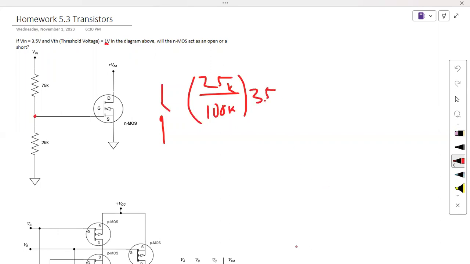And so when you do that, you'll get 0.875, which is not greater than our threshold voltage of 1 volt. And so this NMOS is going to act like an open.